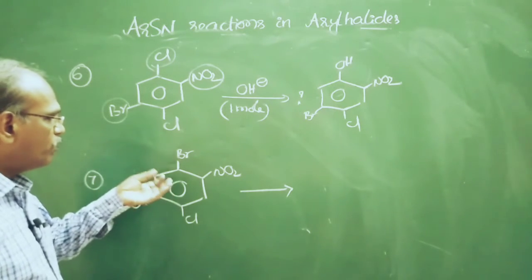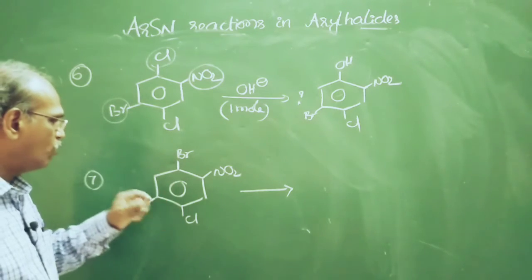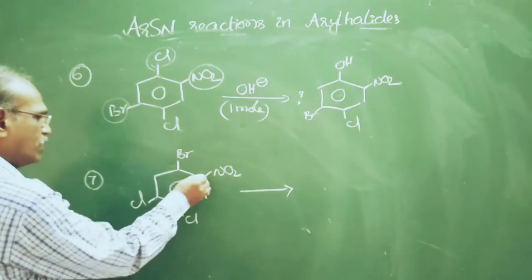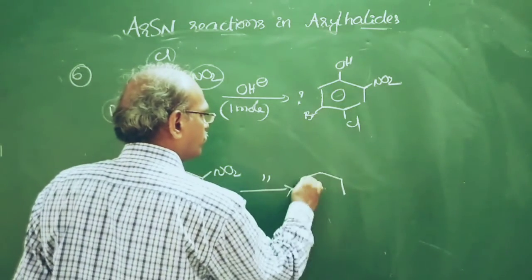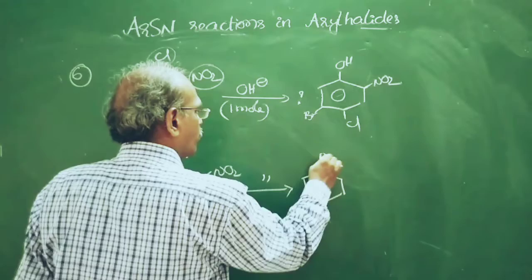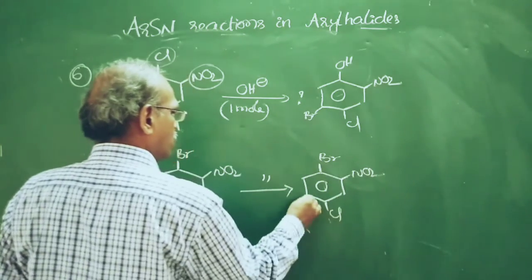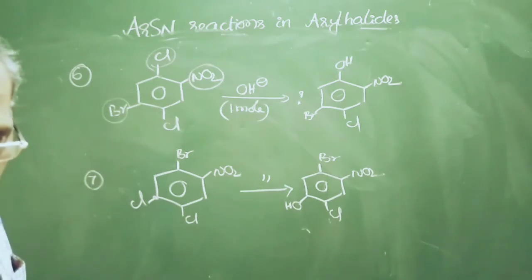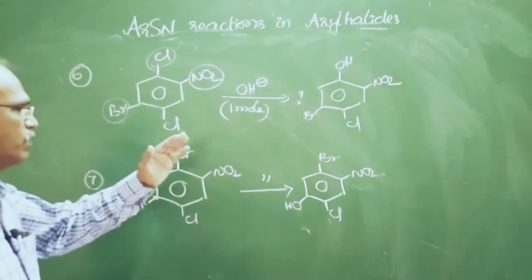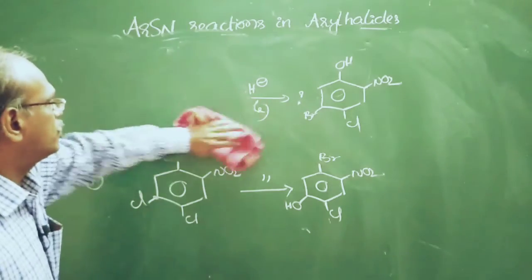But what is the rate determining step? The nucleophile attacks the carbon bearing the more electronegative halogen. So this one is substituted. Br, here NO2, Cl, here OH. Based on the rate determining step, we can do this problem like this. And see another one.